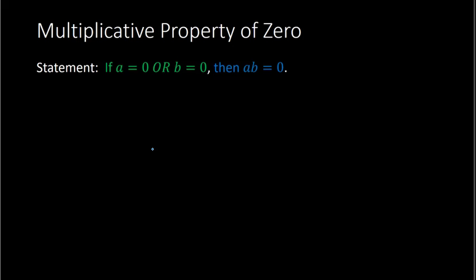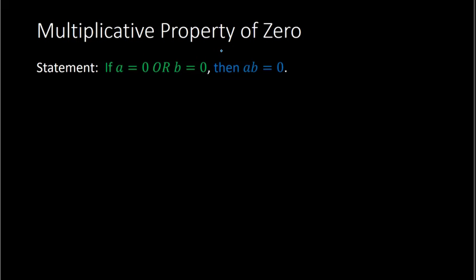So if you have two numbers multiplied together and one of them is 0, we know that our solution will be 0. Now the converse of this is when we switch the if and the then part. So instead of saying if a equals 0 or b equals 0, then ab equals 0, the converse would be switching the if and the then part.